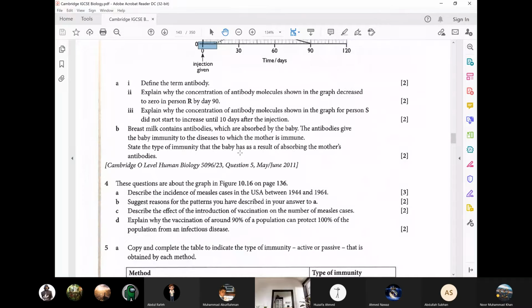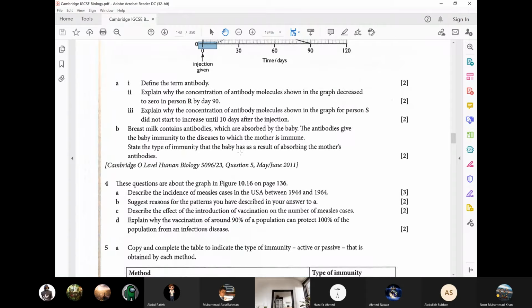Now, when the milk is produced inside the mammary glands of the mother, that milk will contain all 1,000 types of antibodies. When the baby drinks the milk, all 1,000 types of antibodies will enter the body of the baby, and that baby will become immune against those 1,000 types of pathogens.